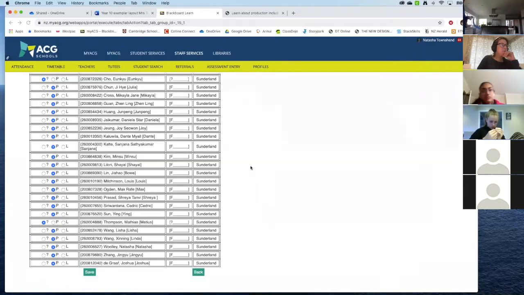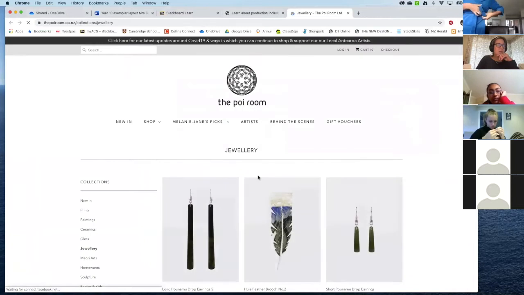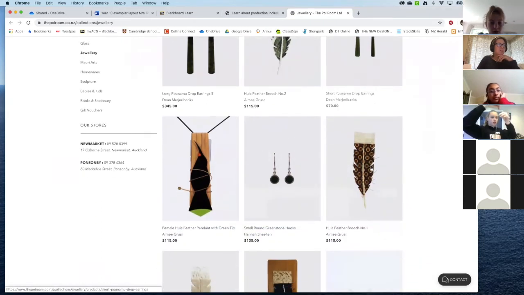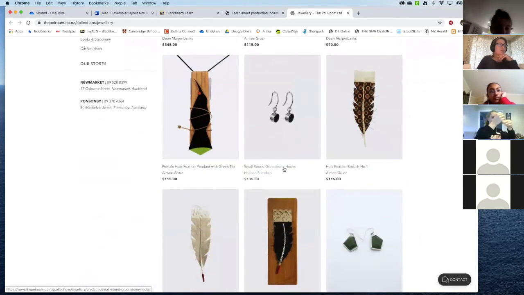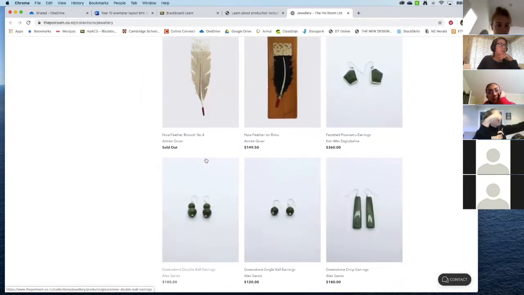So it's probably going to be somewhere in the same realm as these types of things. Beautiful Pounamu drop earrings, $70. Small round greenstone hooks made out of silver, $135. Huia pendant with wood and acrylic, probably $115.